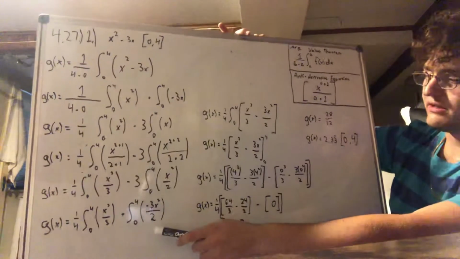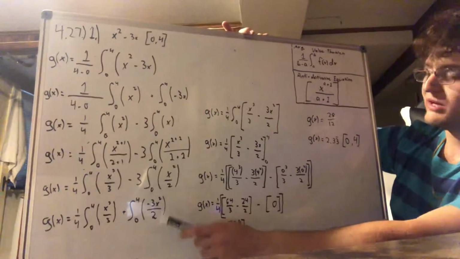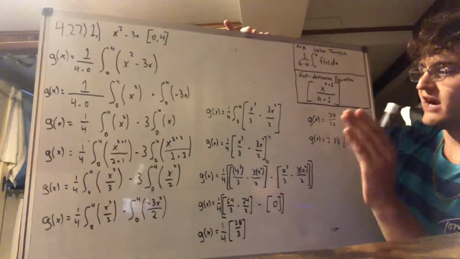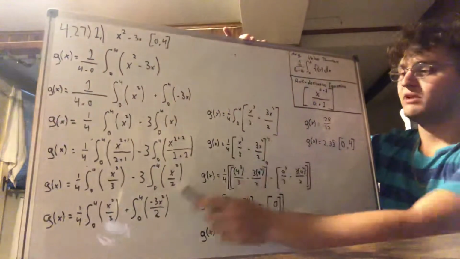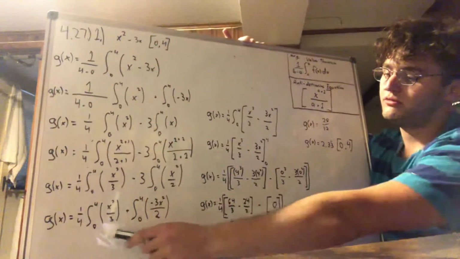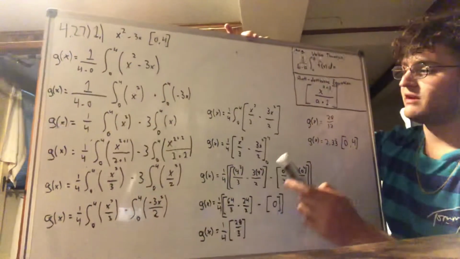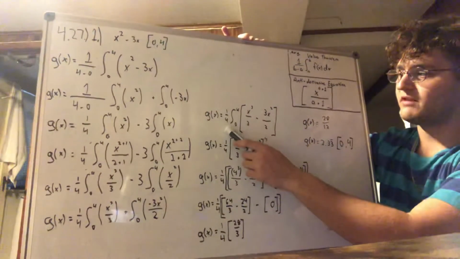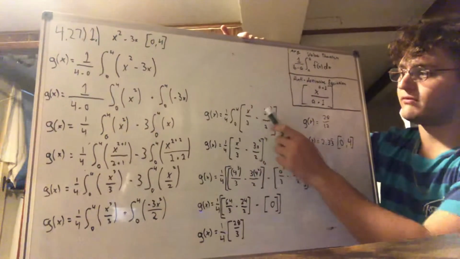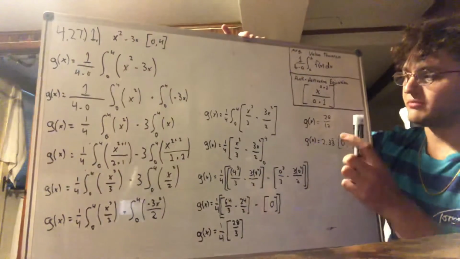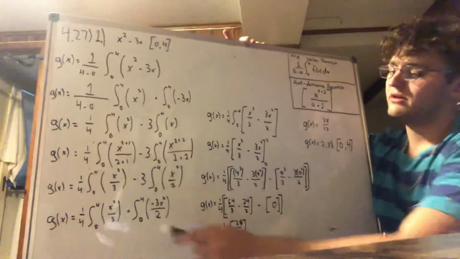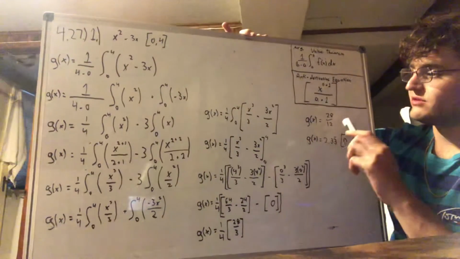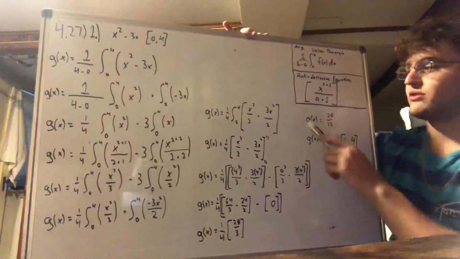Then we redistribute that integral 4 between 0 back to the entire problem, and we conjoin the two new x values that we got together as 1. So we end up getting g of x equals 1 divided by 4 integral 4 between 0 brackets, because it applies to all of them, the two new values, x cubed divided by 3 minus 3x squared divided by 2 is our new equation.